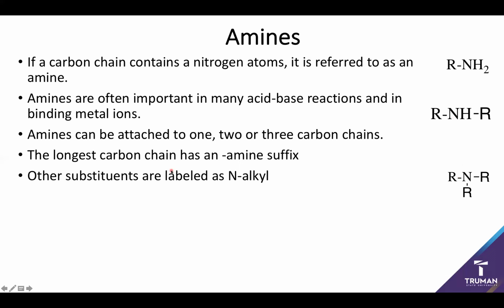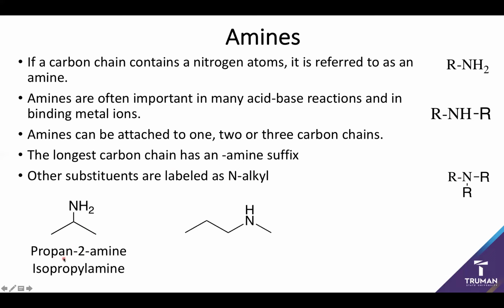All the other substituents are referenced as N-alkyl, meaning that I've got this alkyl group at the N position. So for example, for a primary amine, we have a propyl group. So this would be propan-2-amine, representing an amine on the second carbon of propane.